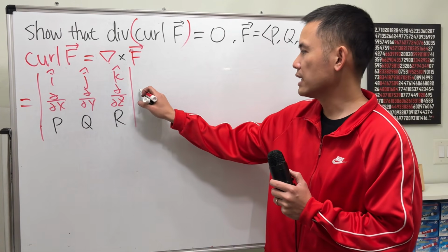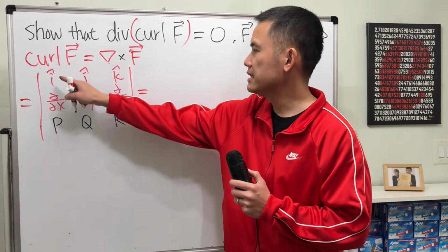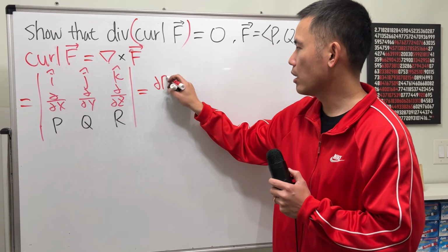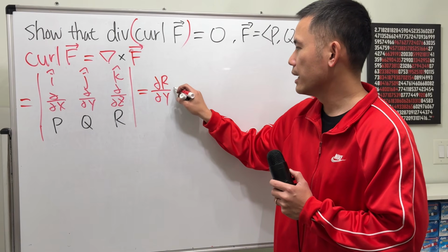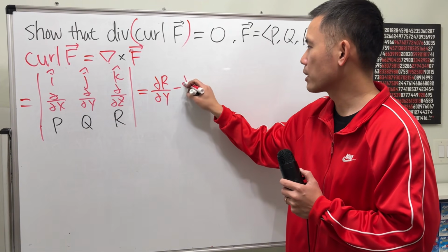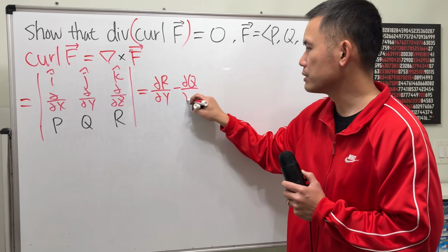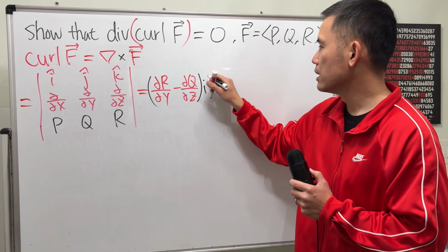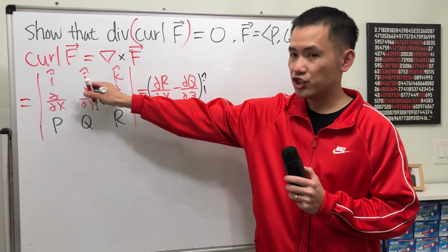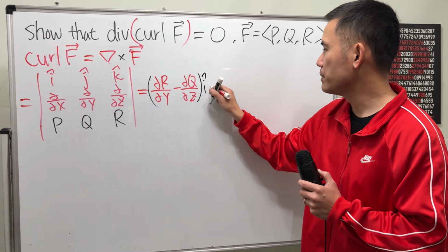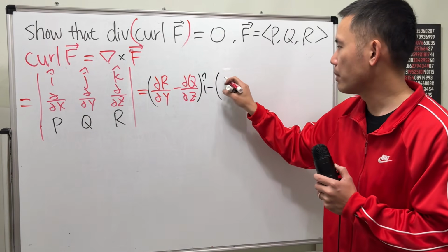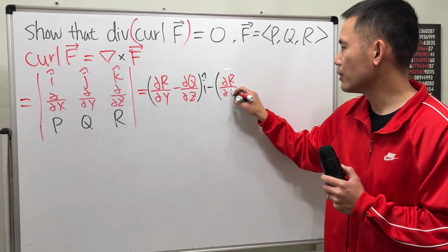Now we just have to work this out. So I will delete this, delete that, and do this times that. So partial R with respect to y, and then minus this and that, so it's partial Q with respect to z. So that's my first component. Continue for the j, it's a minus, so keep that in mind. And then we will have this and that, so it's partial R, partial x.